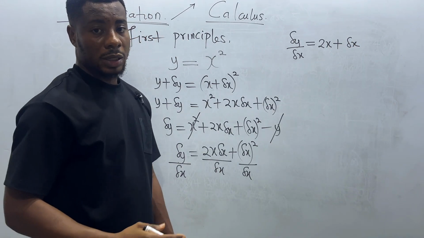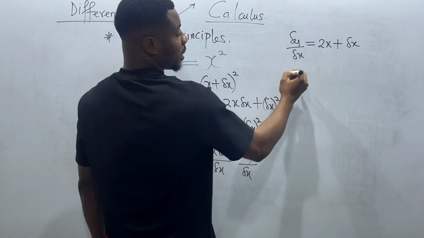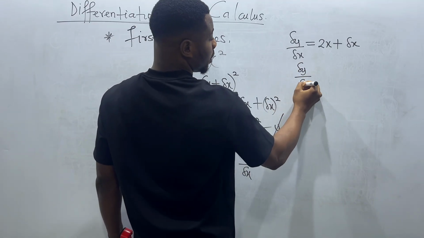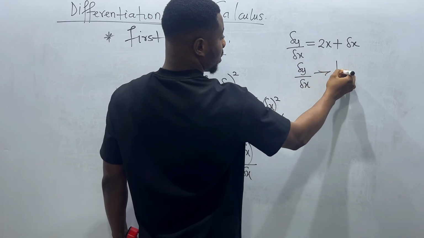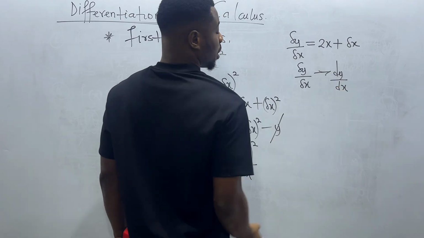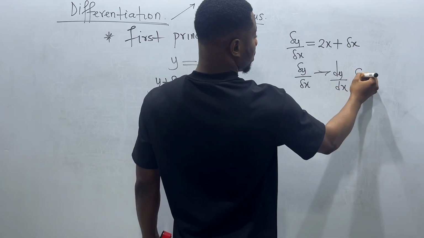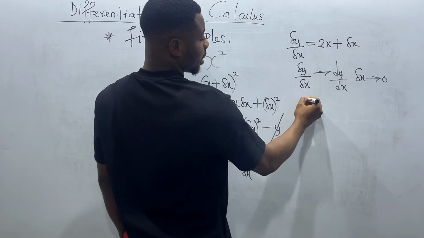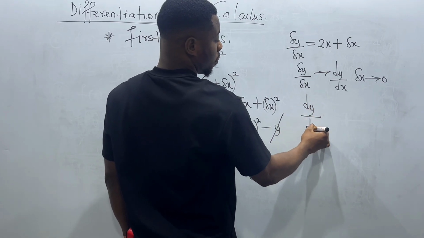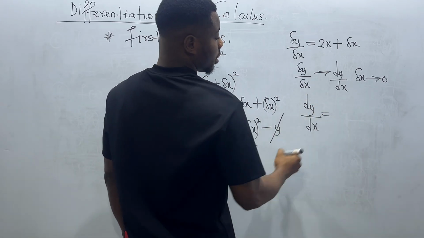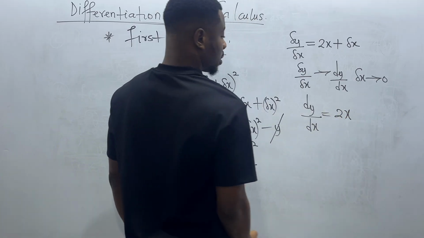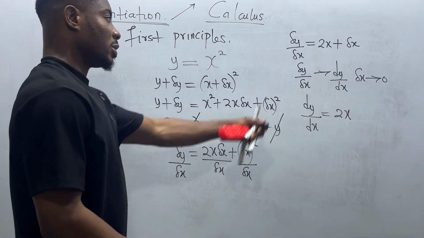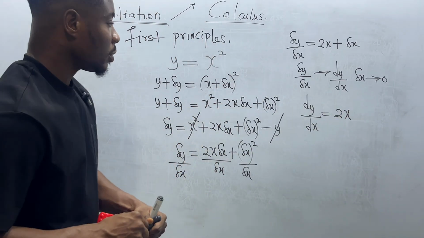Now at this point, I can take my limit as change in y over change in x tends to dy over dx, and change in x tends to 0. So it means that I can now finally say dy over dx is equal to 2x, because change in x is now 0.